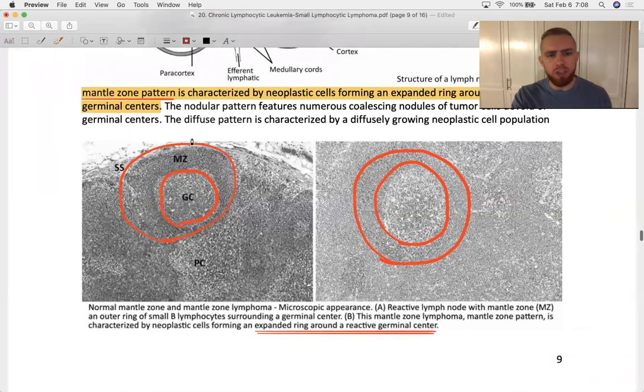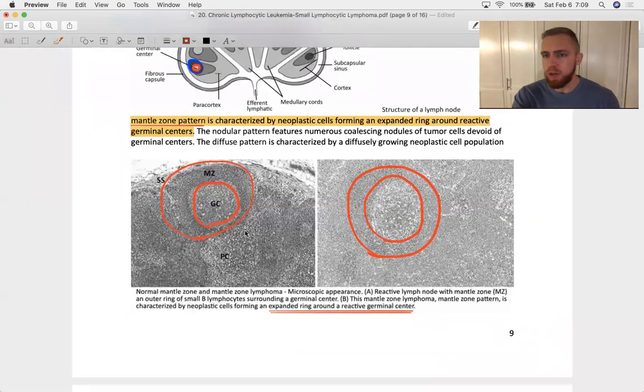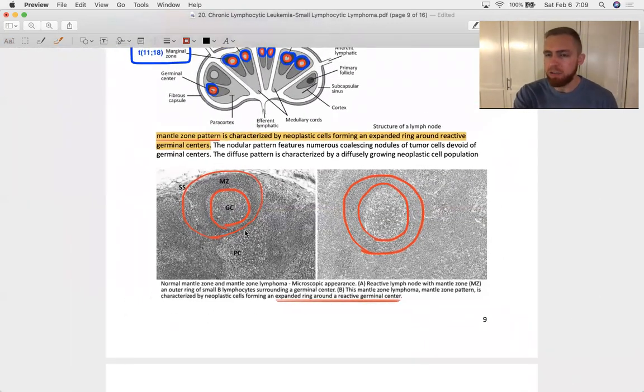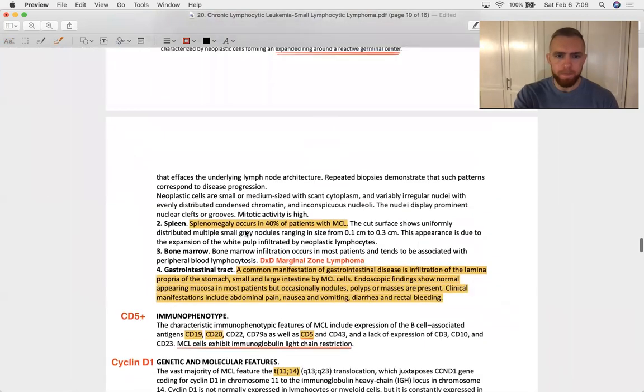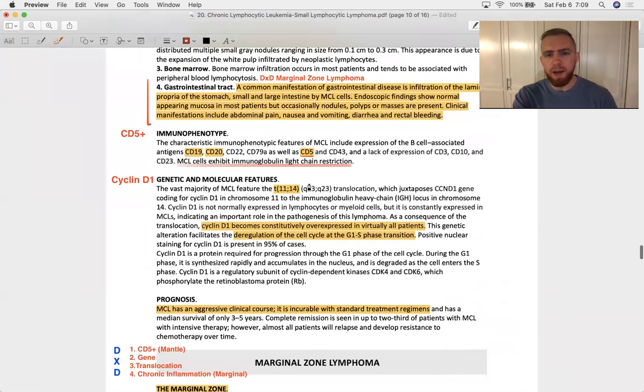Again, typically if they show you this histology, they would also give you something such as a cyclin D1 overexpression or an 11-14 translocation. They might tell you in words, oh, the histology of this lymphoma shows reactive rings around a germinal center. So it can show up in the gut, and it's also CD5 positive. One last time, cyclin D and CD5 positivity define the mantle cell lymphoma.